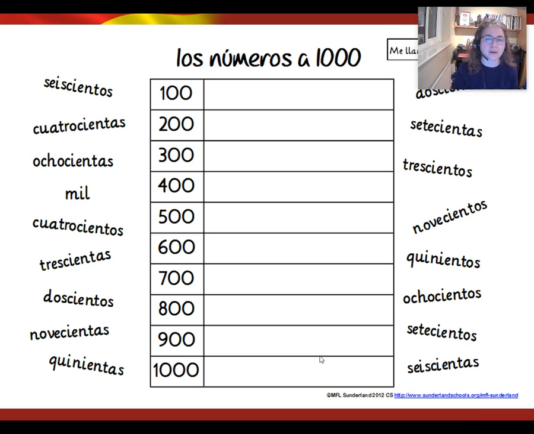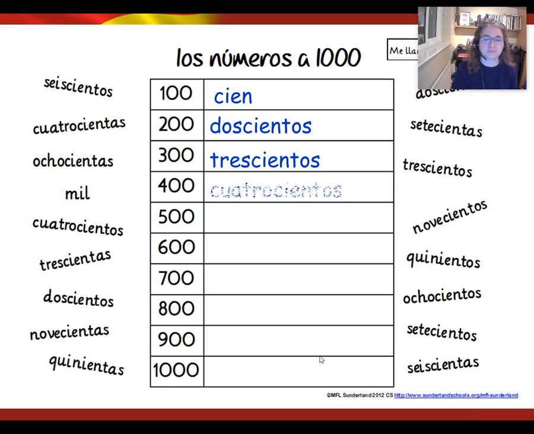Escuchad y repetid. 100. 200. 300. 400. 500.